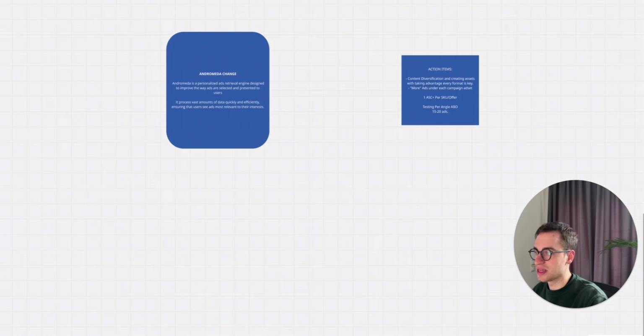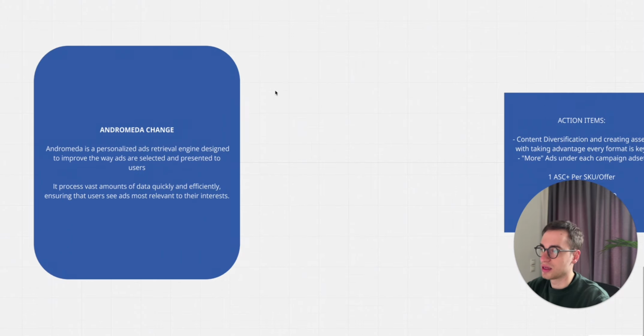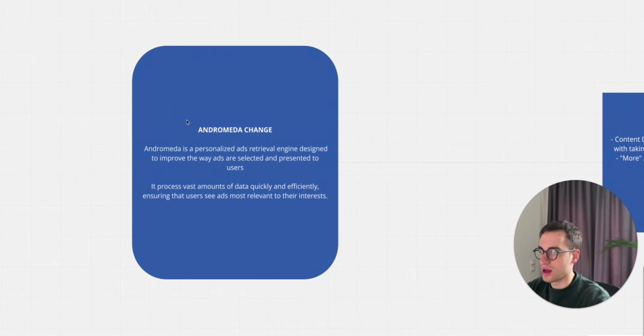Now I'm summarizing on a Miro board here, with some action items I'm going to be using for my own clients. Once more, Andromeda is a personalized retrieval engine designed to improve the way ads are selected and presented to users. Think about the post iOS 14 update that really messed up the industry. The issue there was that Meta didn't have the information it used to have to feed people relevant ads.